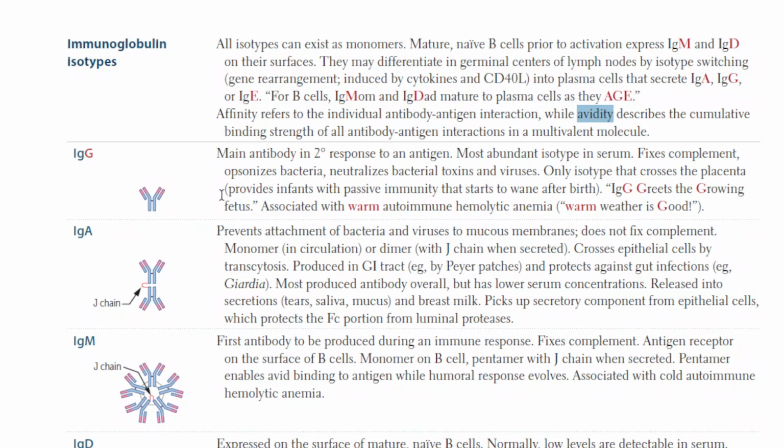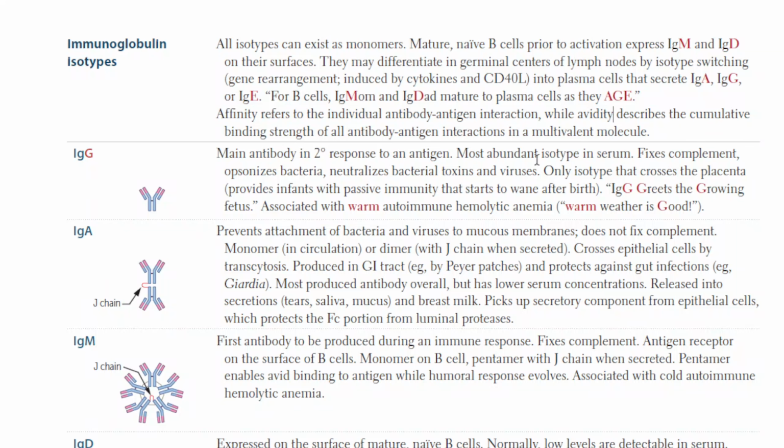Okay, so we have here immunoglobulin G, A, M, D, and E. Remember, M and D are the mom and dad of all those immunoglobulins. So let's read about immunoglobulin G, the main antibody in a second response to an antigen.